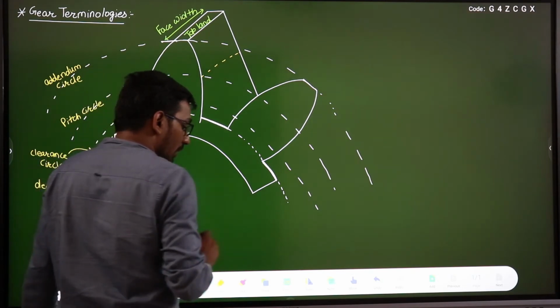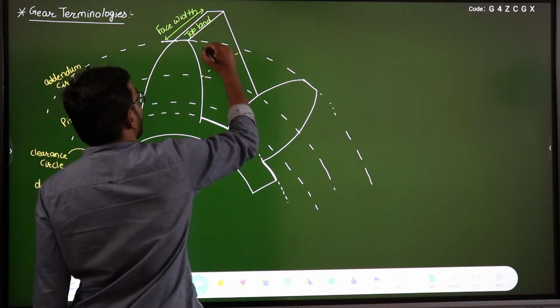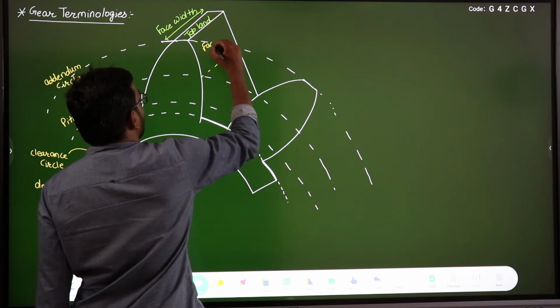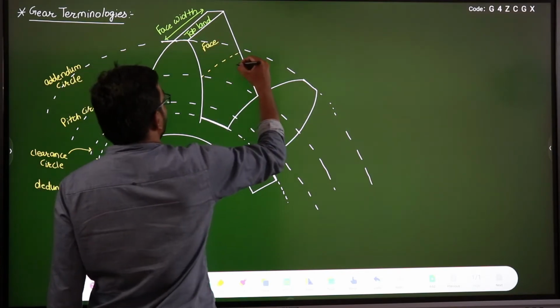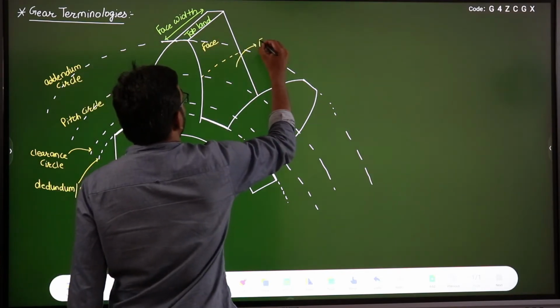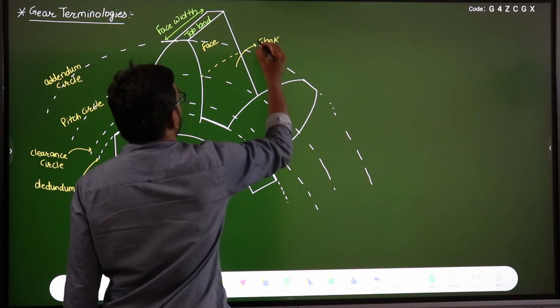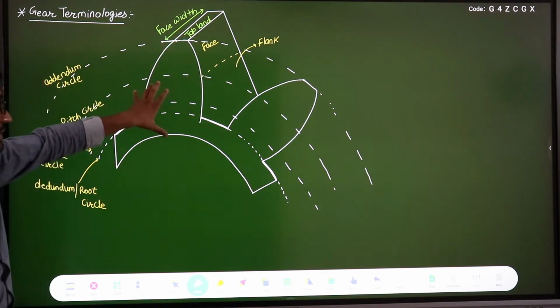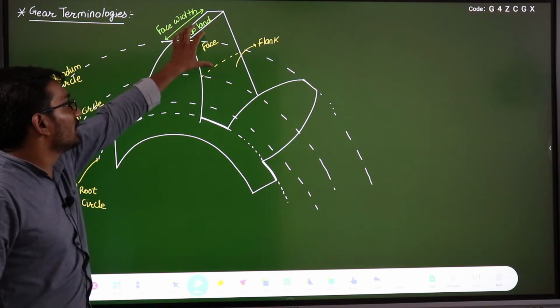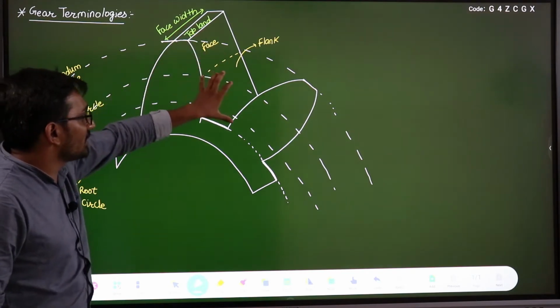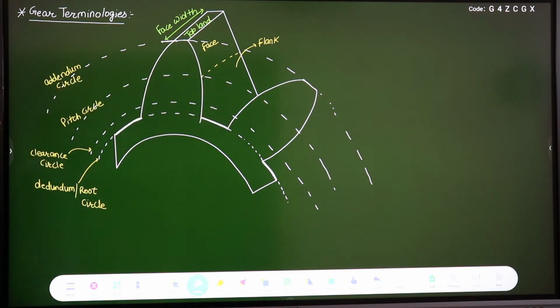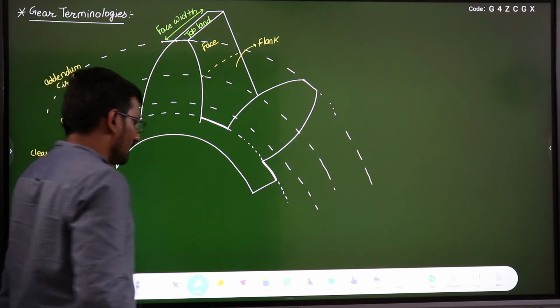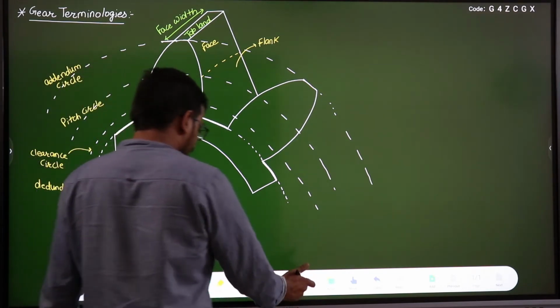The top portion is known as the face, and the bottom portion is known as the flank. These are the various nomenclature of the gears. If I divide the tooth in two parts along the pitch circle, the top part is known as face and this is known as flank.